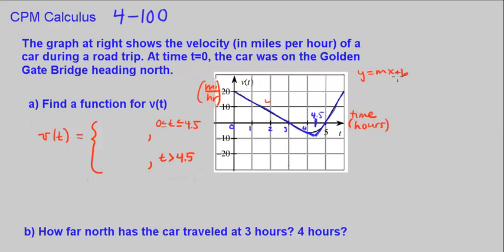So that's going to be negative 20 over 3 x plus b. The y-intercept, it hits our y-axis here at y is 20. So the y-intercept is 20. Okay? But since we have it in terms of t and not x, I'm going to say negative 20 over 3 t plus 20. Okay, that's the line right here.